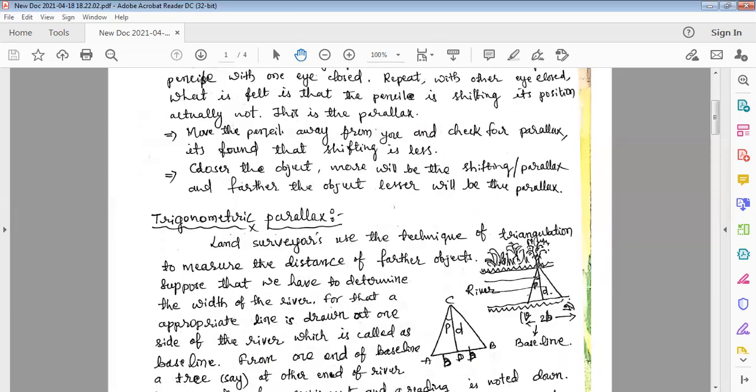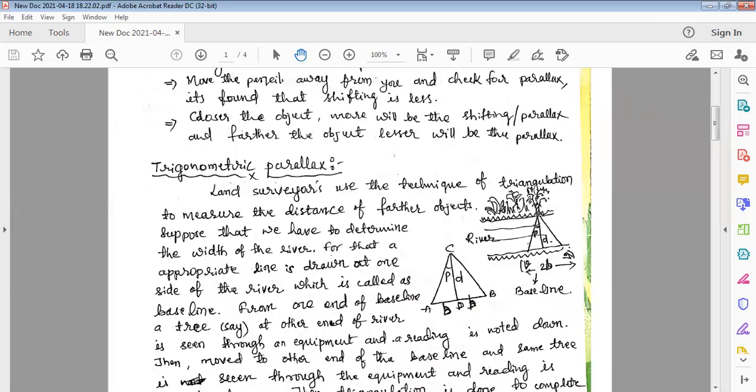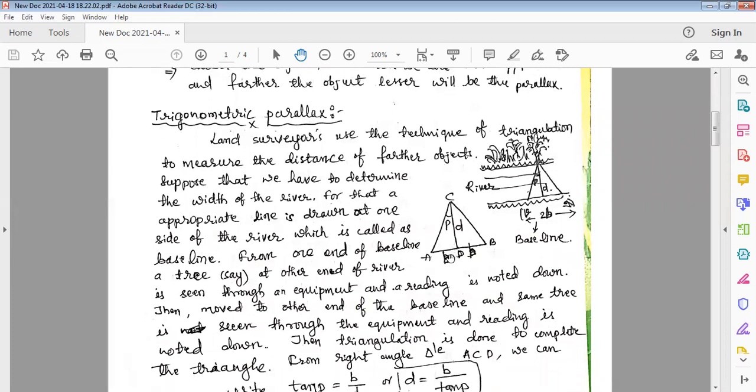So this phenomenon could be used to determine the distances of distant objects without actually measuring the distance, and that is called the trigonometric parallax method.